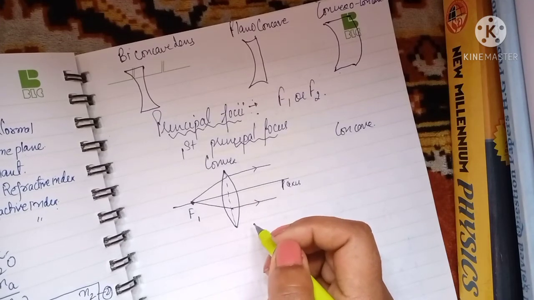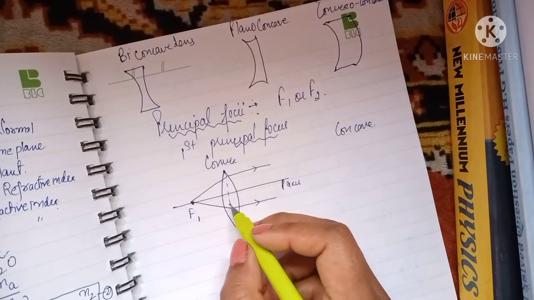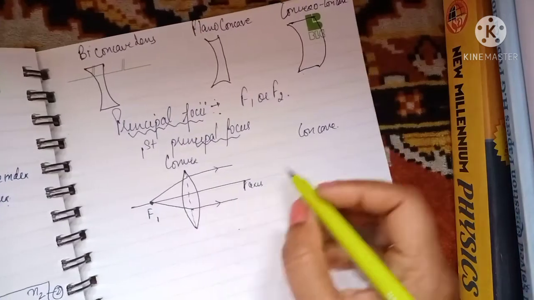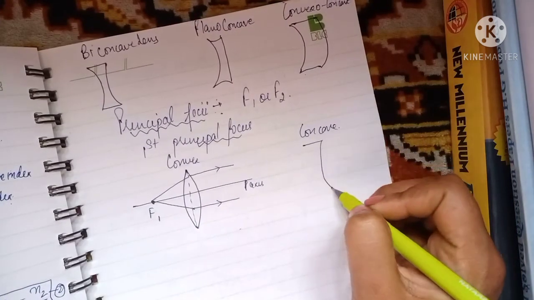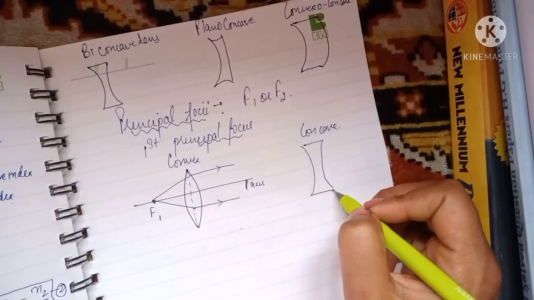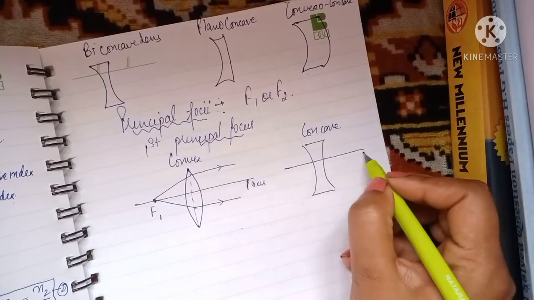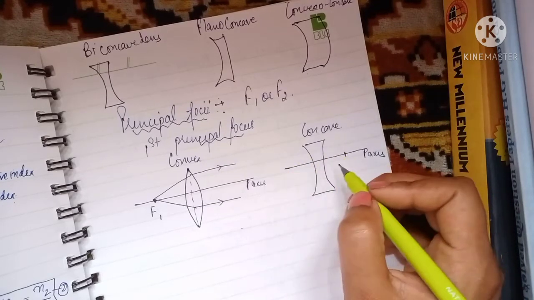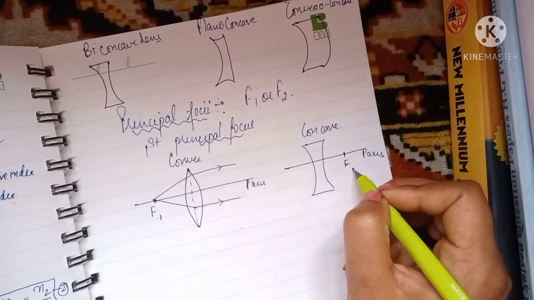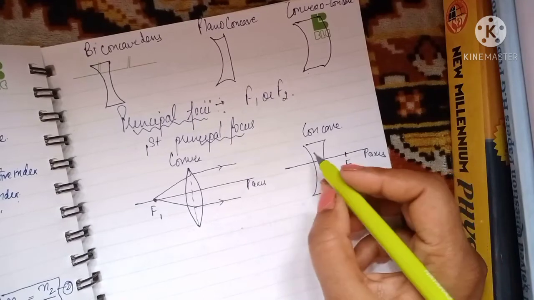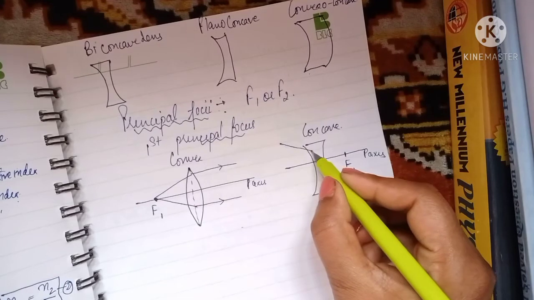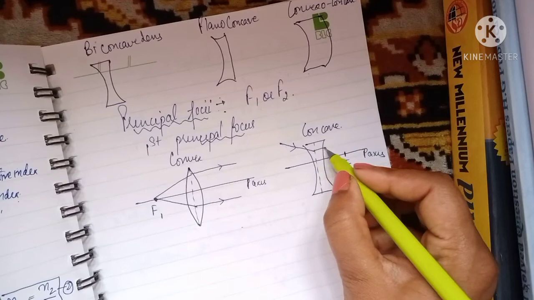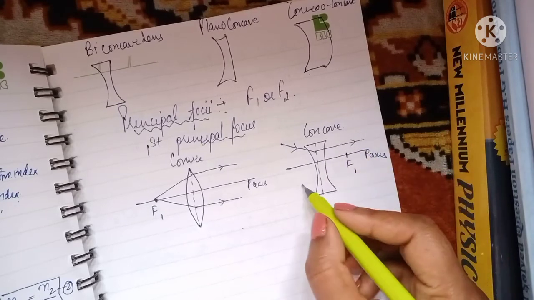So in the case of convex it appears to go parallel to the principal axis, otherwise in the case of concave, let's see what happens. This is your concave lens, and this is your principal axis. Now the first principal focus is present on the right hand side of the concave lens. So the incident ray goes like this, and when it strikes this surface, it goes parallel like this.